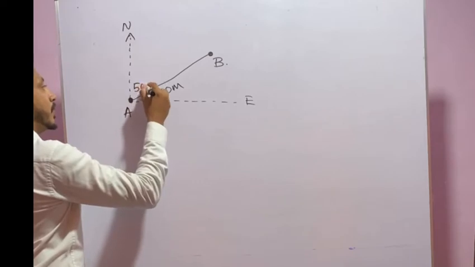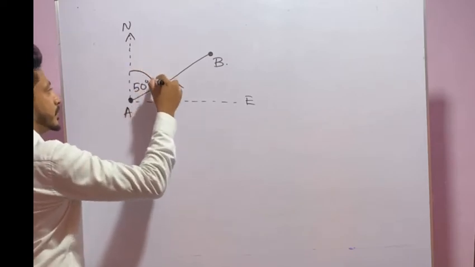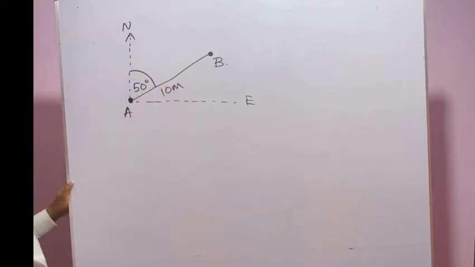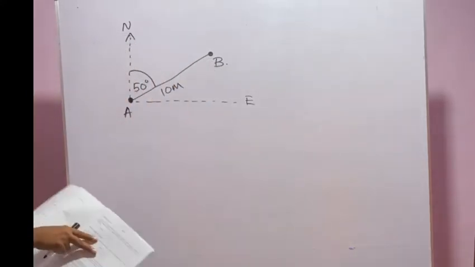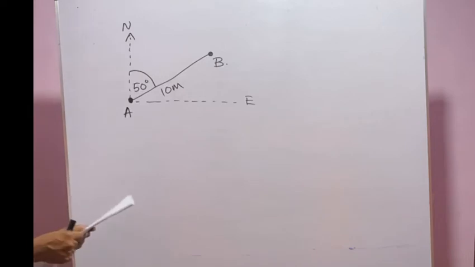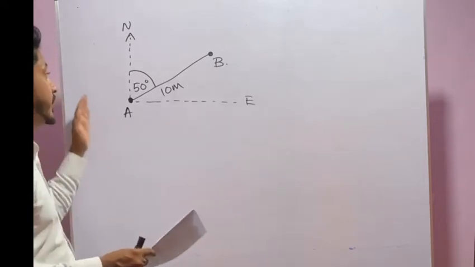We have a 50 degree angle here. Okay. It is given under 1.3 in your tube: magnitude and the direction of the displacement.